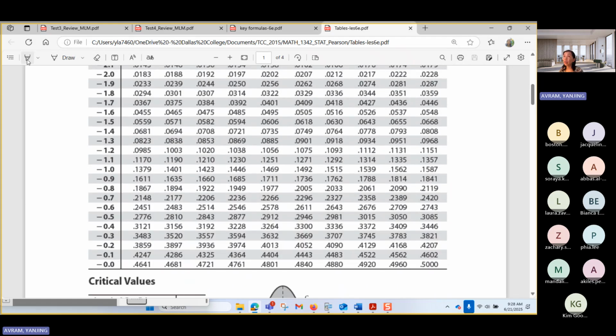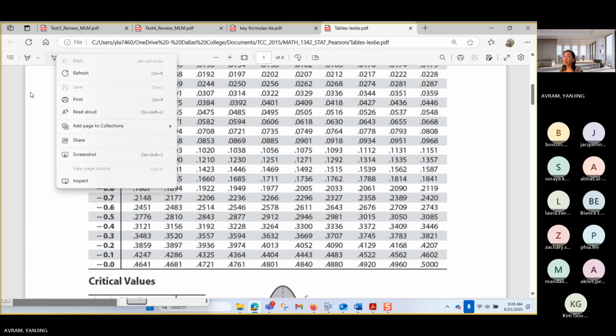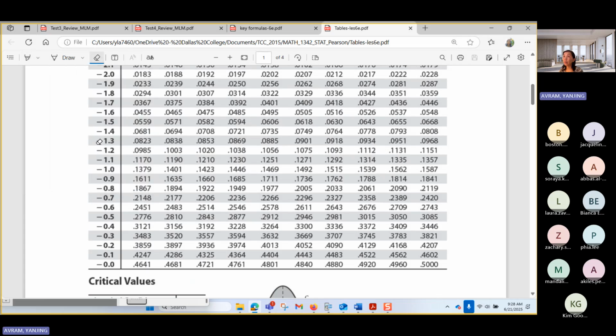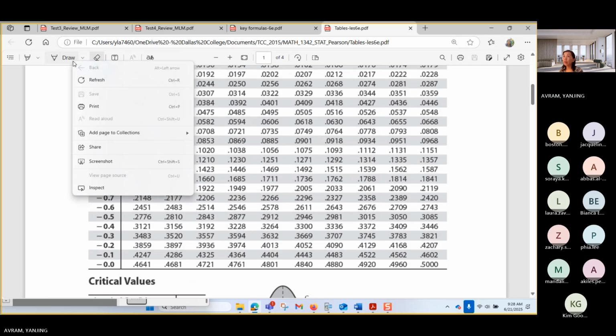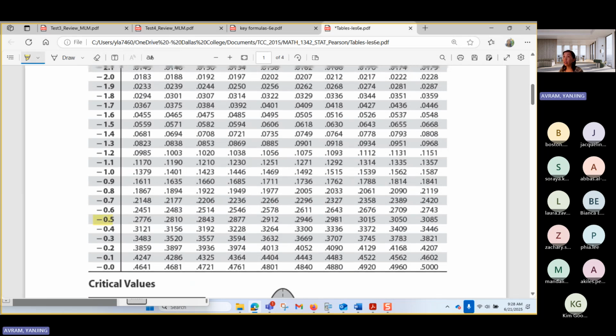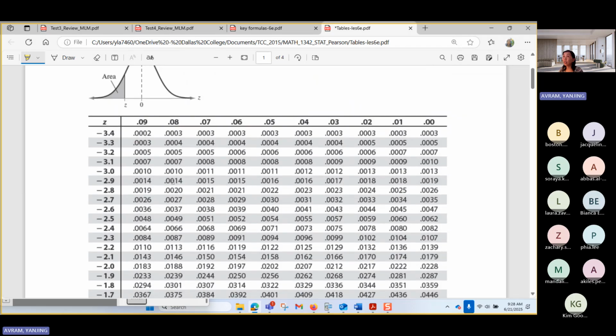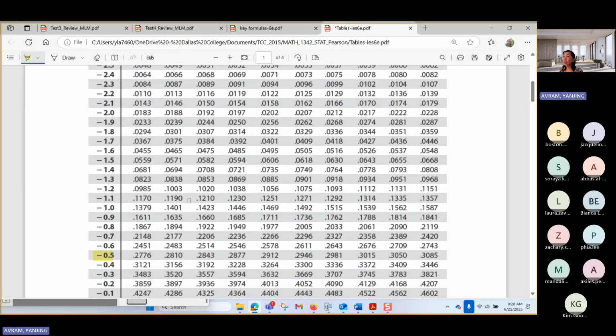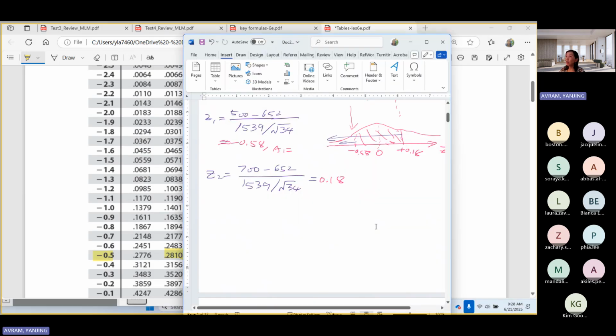So go to negative 0.5 right here, right? All right, negative 0.58. So you need to read the top to see where is the 8, okay? So that's the second one. So the area will be 0.2810. So that's the area, the A1 right here.